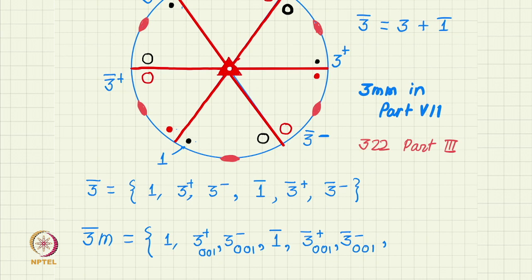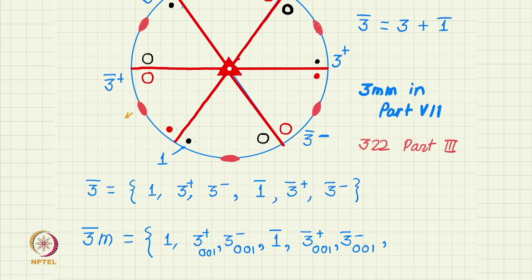So, 6 operations of 3 bar will be there, and the other 6 operations are generated by the combination. Those 6 operations are very simple to see here. They are the 3 mirrors and the 3 2-folds. I can label them by the standard convention, and for that I need to know the directions.